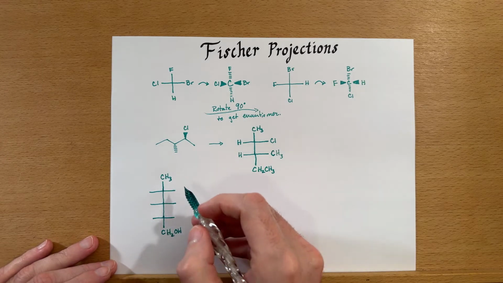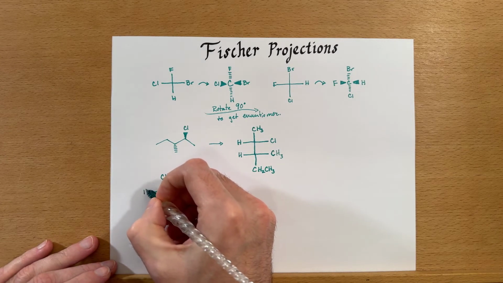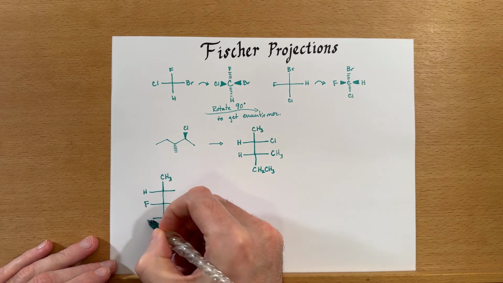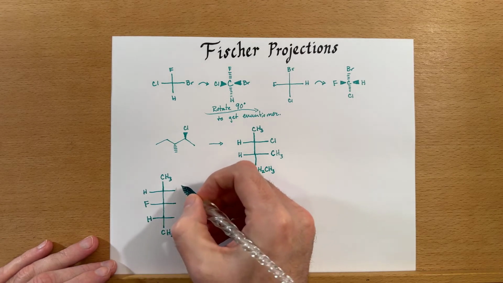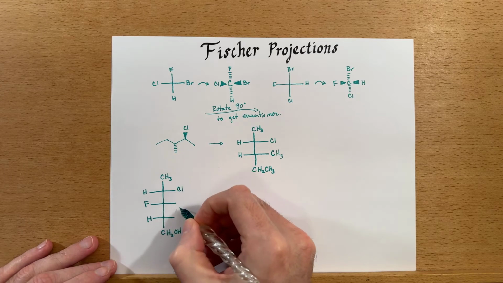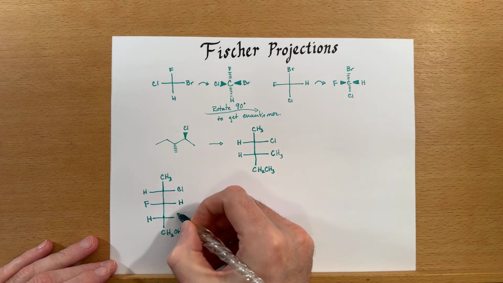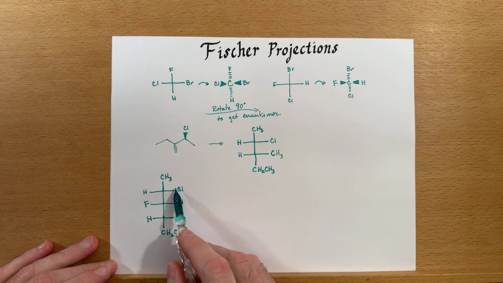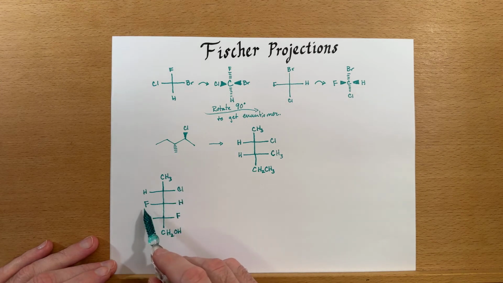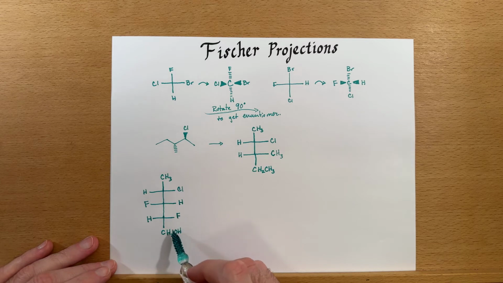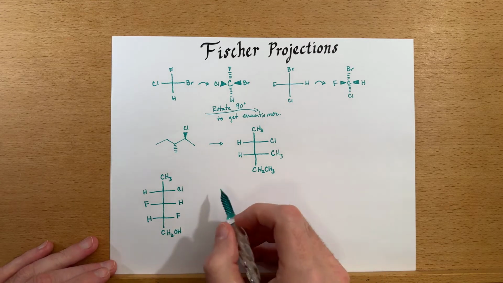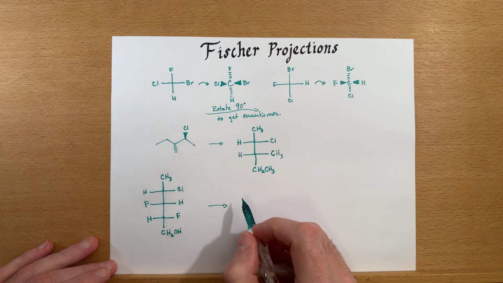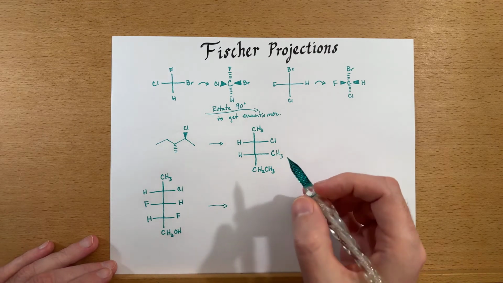So I've got a molecule that has 5 carbons. And I've got a chlorine that's here on the right side, a fluorine on the left, and a fluorine on the right. And then there's an alcohol down here. And we need to translate this into our wedge and dash notation.